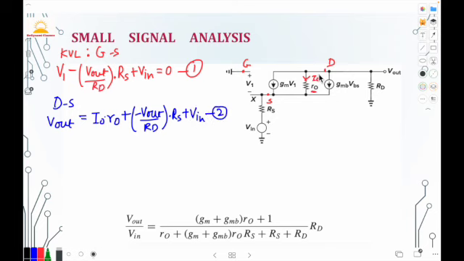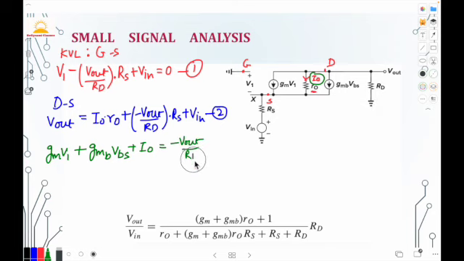Now I naught is given by this equation: GM V1 plus the current GMB VBS plus the current I naught equals minus V out upon RD.